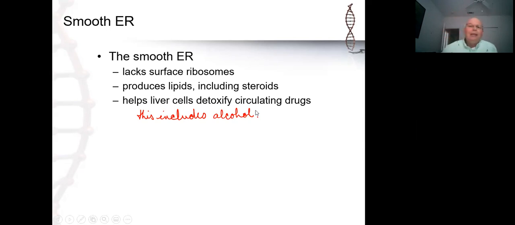So in the liver, the smooth endoplasmic reticulum is responsible for breaking down any drugs that you may take, which is the reason why you need to retake them, because the liver is constantly breaking them down. And this includes alcohol. And this is the reason why if you abuse alcohol, your liver swells.